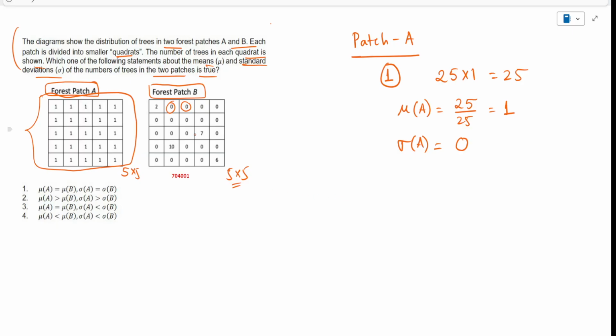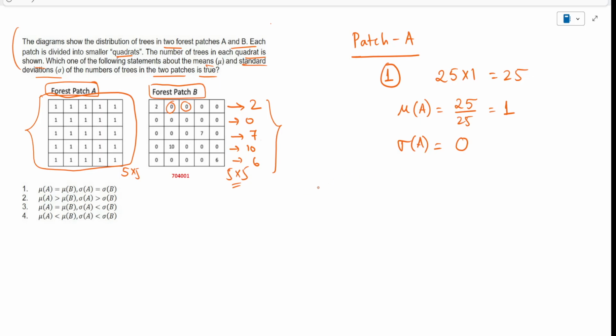Fine. Now, here are some numbers. In this row we have 2, in this row all are 0, in this row 1 and 7, in this row 1 and 10, and in this row 6. So the sums of these five rows are 16, 30, 23 and 25.